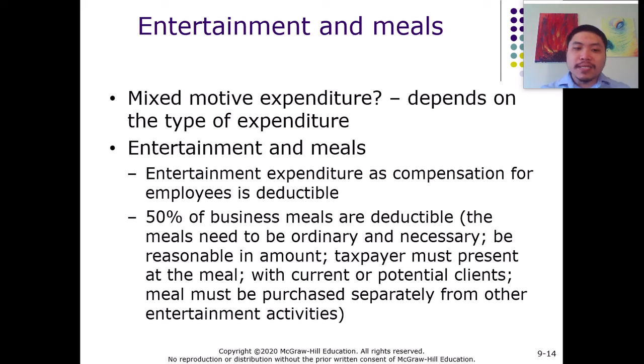And then the meals have to be reasonable in amount, right? So, like I said, usually you spend less than $1,000 to treat the clients, but all of a sudden this time you spend like $5,000 to $10,000, then maybe it can be considered not reasonable, right? But still, it's kind of a gray area.